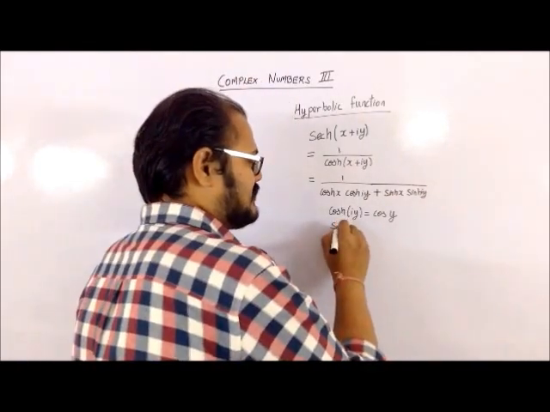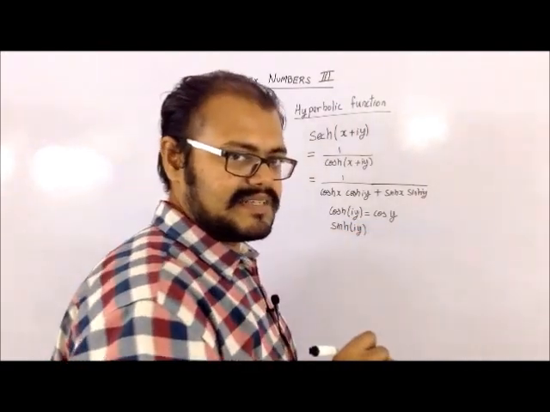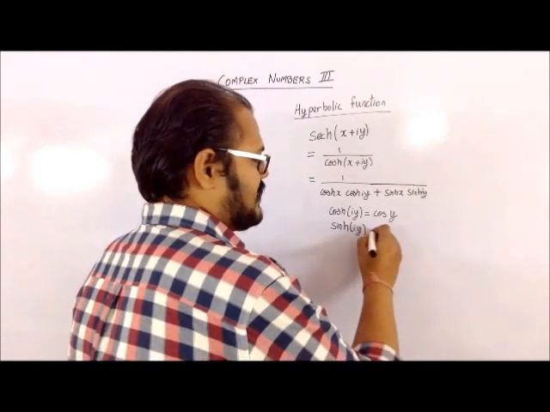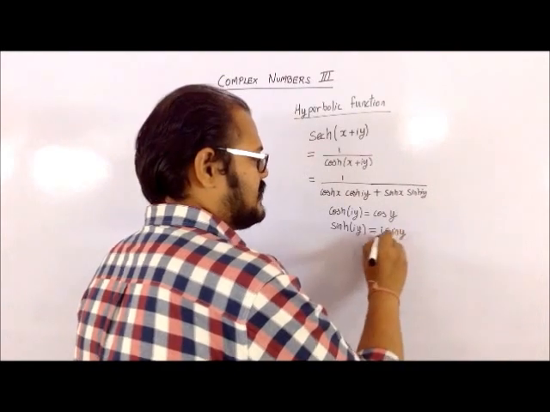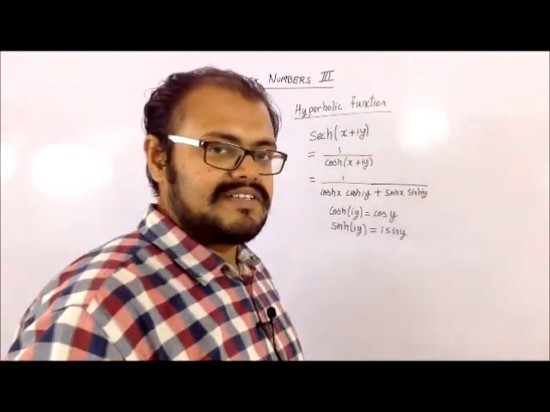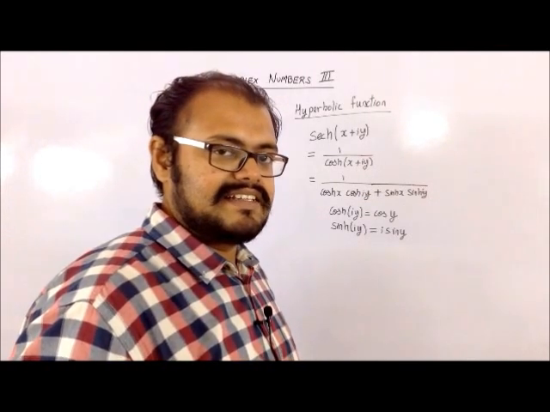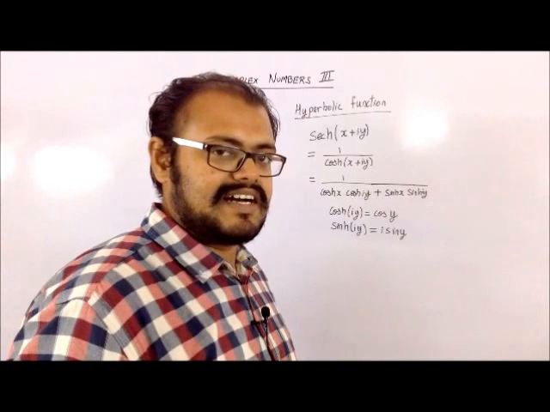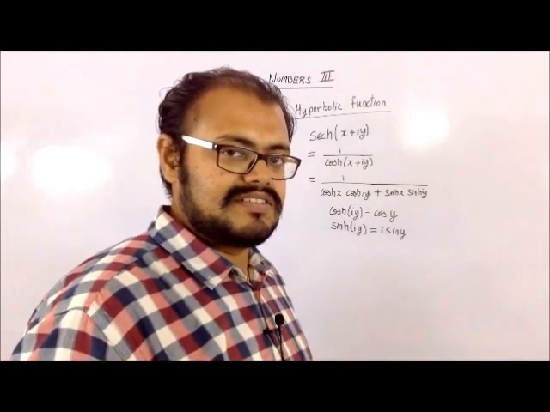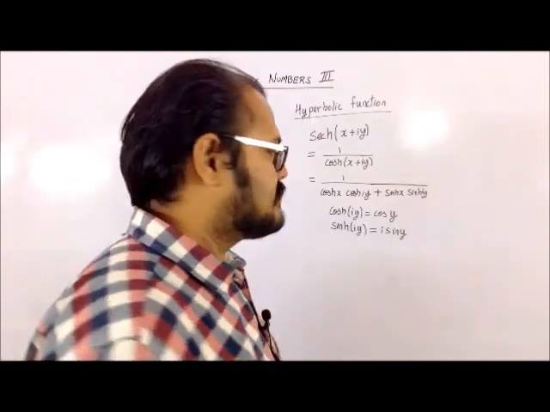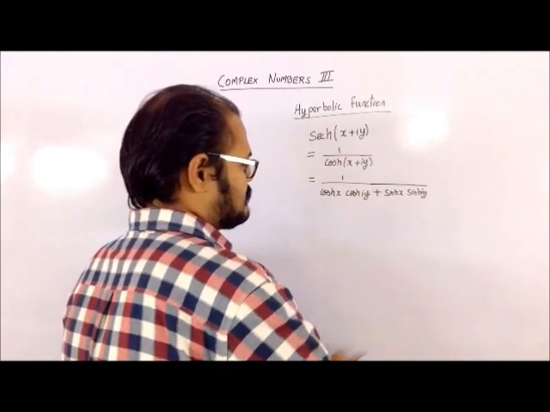Similarly, if I am having a hyperbolic sine and inside there is an imaginary number present, then sin h iy will give me an answer of sin y into i. So whenever you are finding the hyperbolic of an imaginary number, then that imaginary part, that is the iota, comes outside and the hyperbolic sine will turn into a circular sine. So we will be applying those formulas over here.